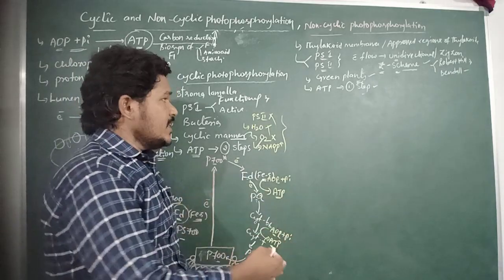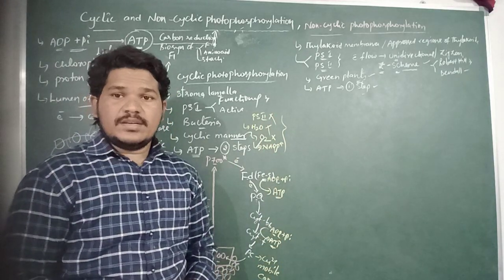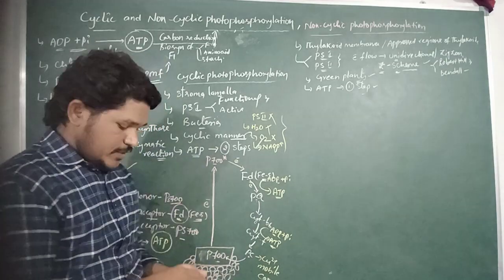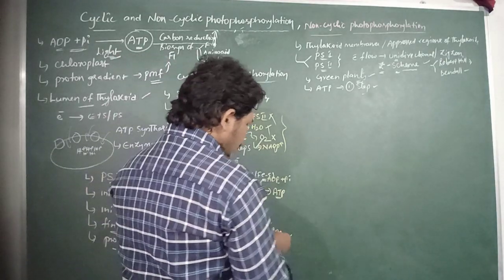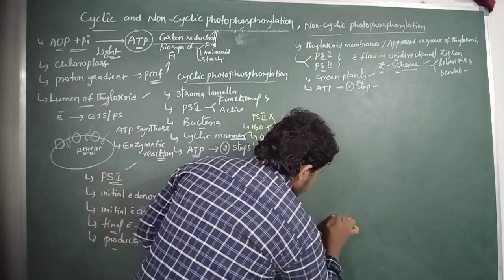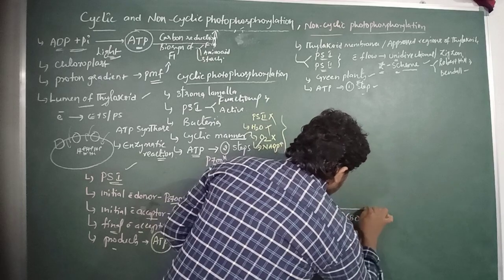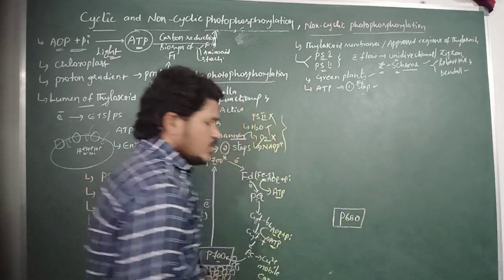Let us see the electron transportation, or the flow of electrons, in the non-cyclic photophosphorylation. The involved photosystem is P680, which is photosystem 2.